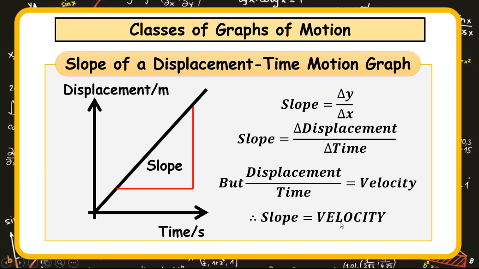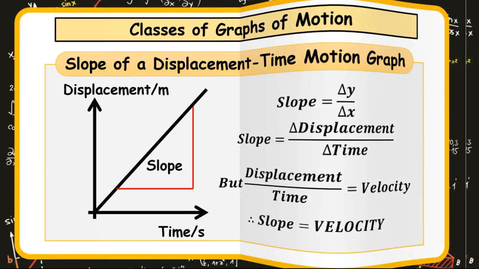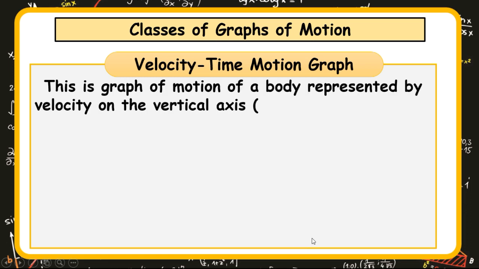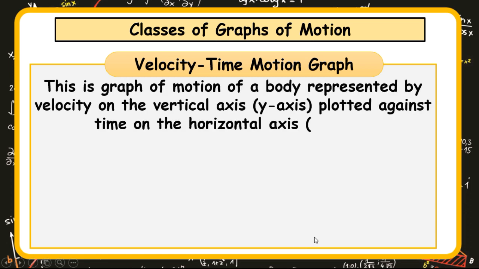Let's take the next class of the graphs of motion, and that is the velocity time graph. Just as we have looked at the two, this graph is also a graph of motion of a body that is represented by velocity on the vertical axis plotted against time on the horizontal axis.